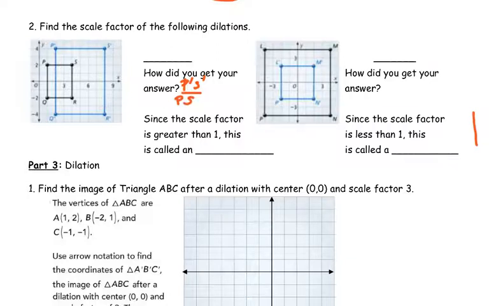So P prime S prime is 1, 2, 3, 4, 5, 6 units long. And PS is 1, 2, 3 units long. 6 divided by 3 is 2. So my scale factor is 2. Now, since the scale factor is greater than 1, this is called an enlargement.